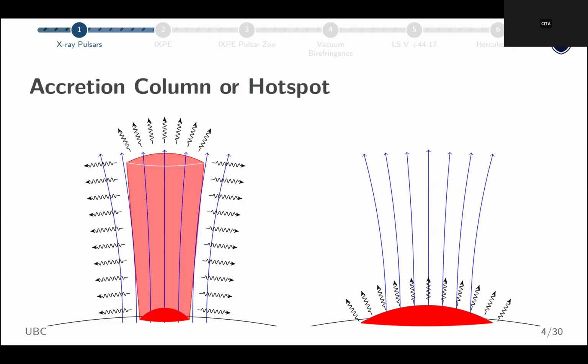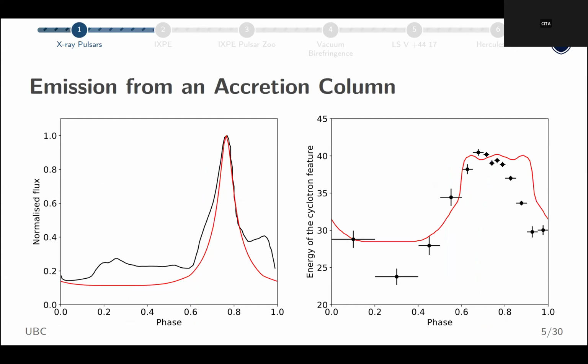We don't really assume that the field is weaker up here than down here. The key for why the line moves is that this material is moving at a different velocity than down here. So it's just a special relativistic thing. We weren't trying to fit that, but you can see, heuristically, it kind of looks right.